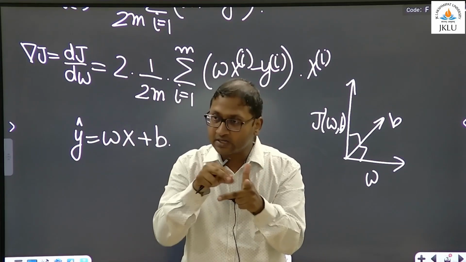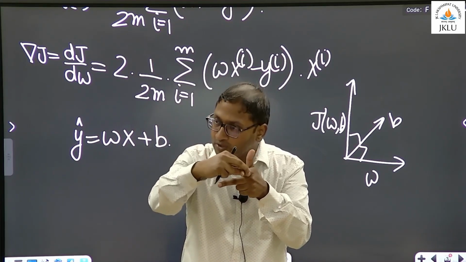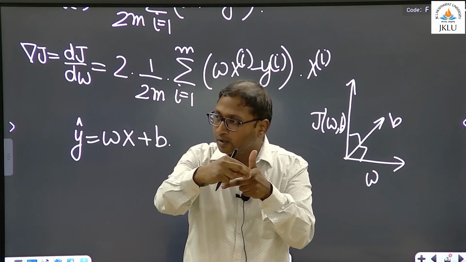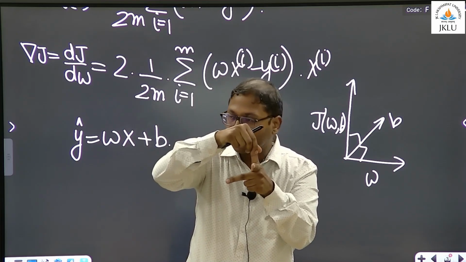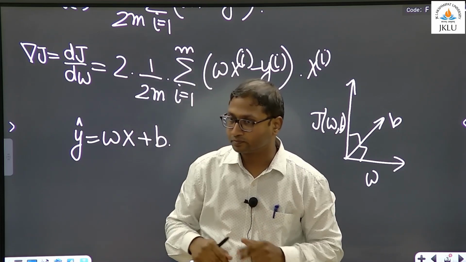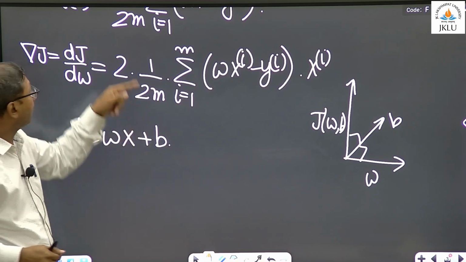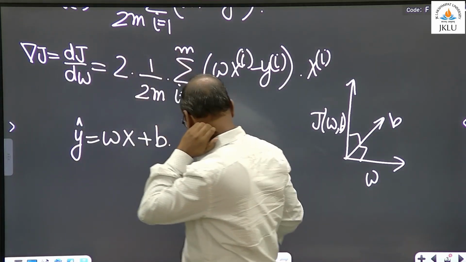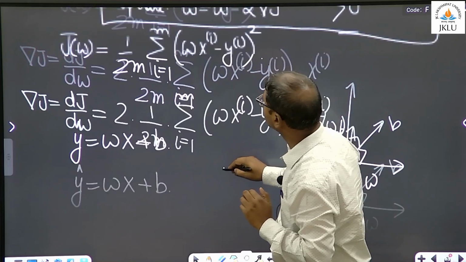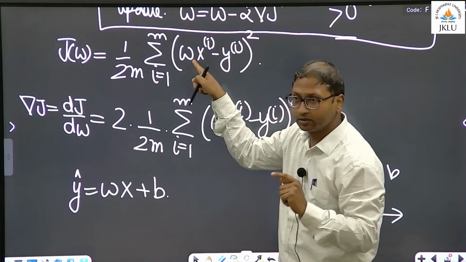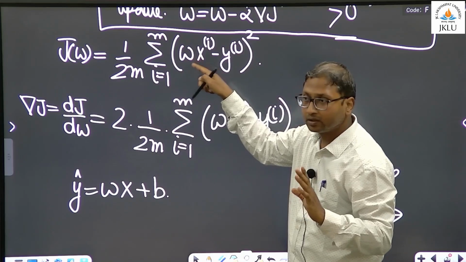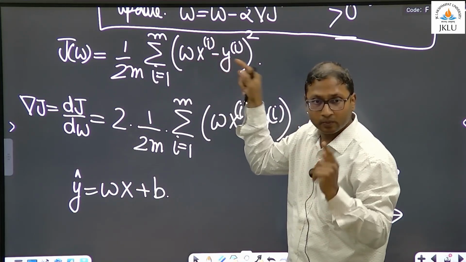But my question is, now you have non-zero w, you have non-zero b, right? How will my J now look like? That is my question when I say y hat is wx plus b. How will my cost function look like? How will this thing change? wx plus b.